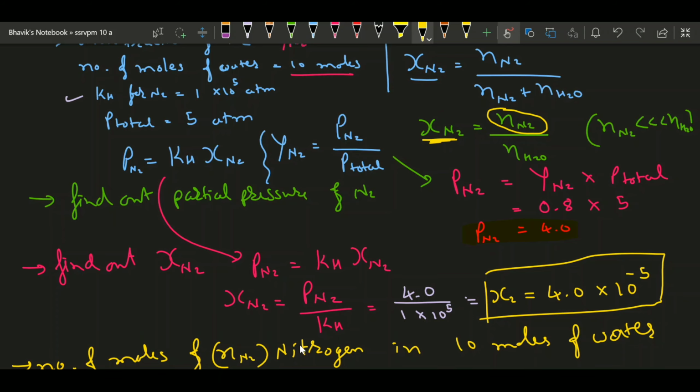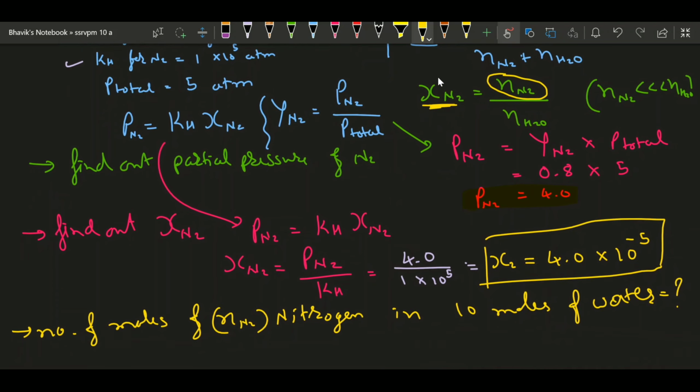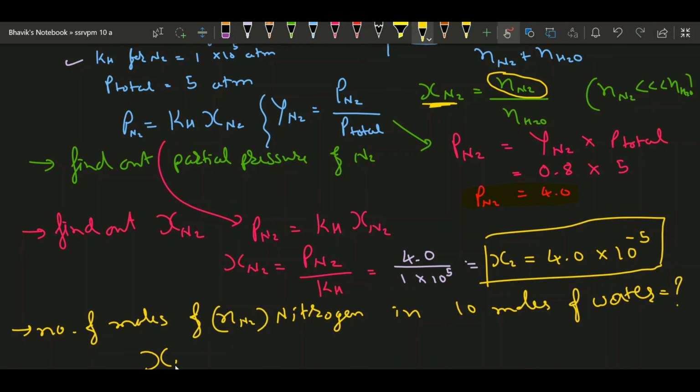We have already found xn2, and the moles of water is given, it is 10 moles.